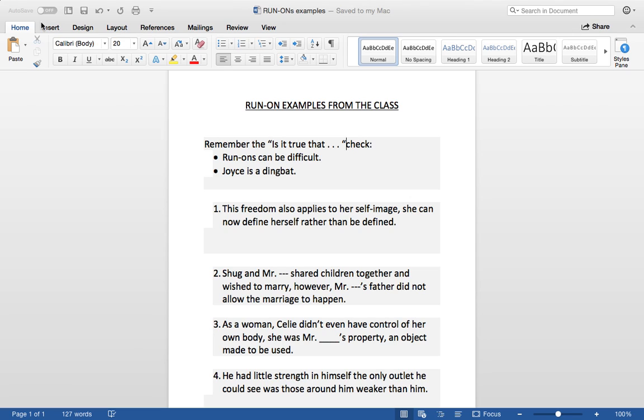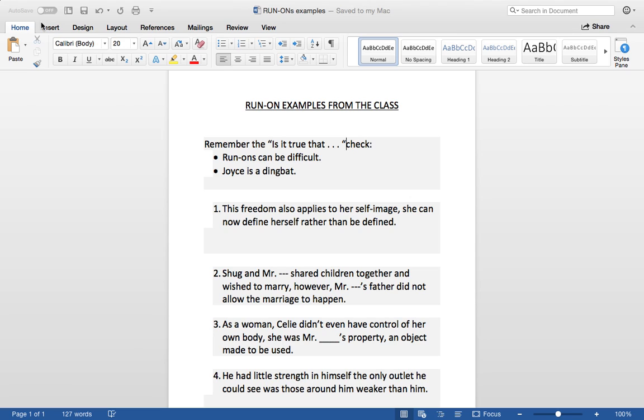First of all, as we know, a run-on is 2 complete sentences. Complete sentences are also known as independent clauses. Independent, they can stand alone as a sentence. All right, so 2 complete sentences run together without a proper demarcation between the 2 sentences.